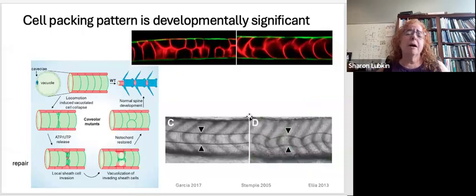Why it's important biologically to the development of the notochord is kind of interesting. If the packing of the cells is disrupted, either because you have a mutant or you go in and zap some of the internal cells with a laser, this is very distressing to the structure.